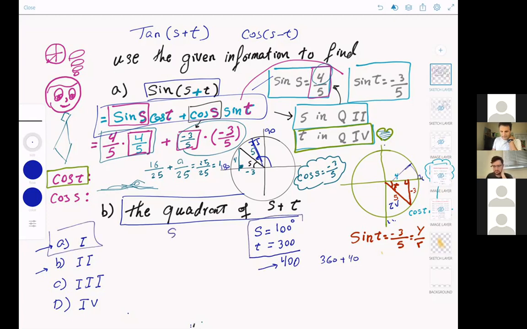Any number you pick must be in quadrant 1? I can say S equal to 150 and T equal to 350, correct? I just want to see where I end up. If I add them, I get 500.